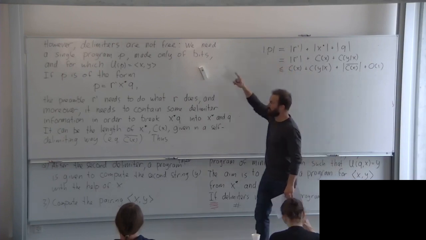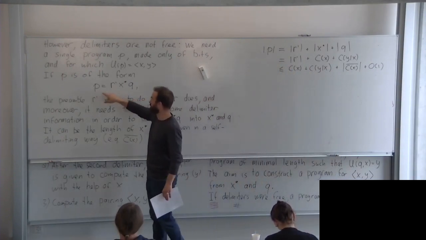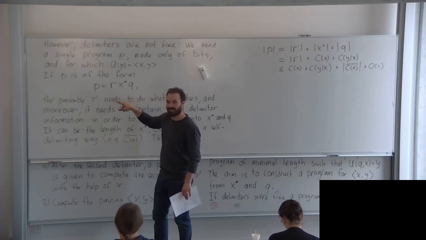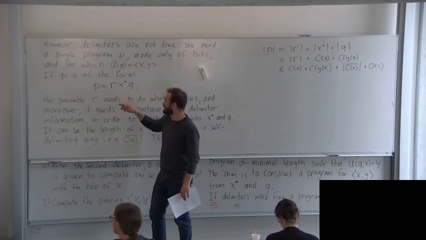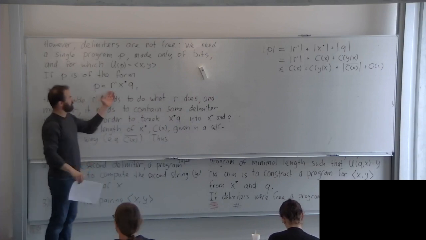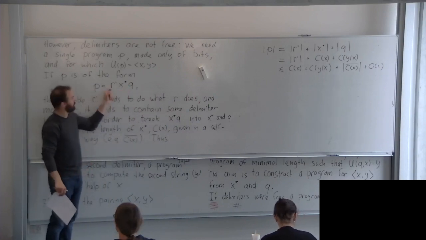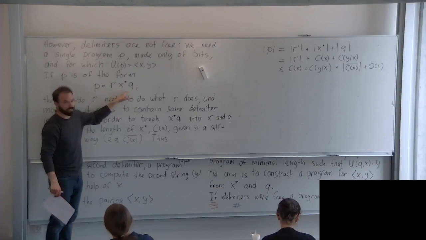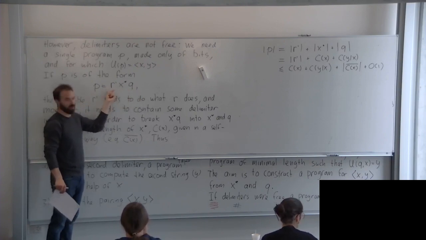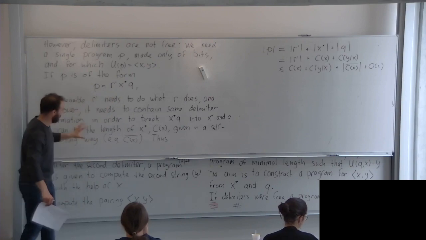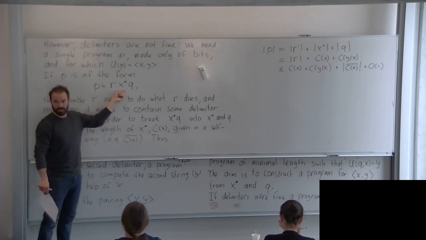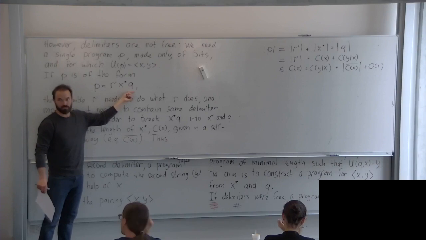The first equality comes from basically this equation here. No, the program P is of this form. It's a bunch of strings that are concatenated all together, and these strings are the string r prime, which corresponds to our first preamble, concatenated with the string x star, concatenated with the string q.